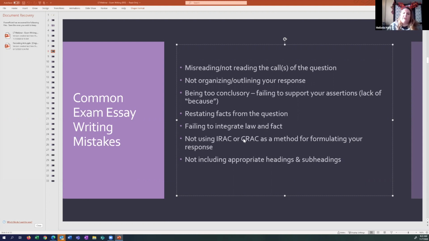And just a quick note on outlining and organizing your response. You can't not do that. But the other reason you want to think through this is to make sure you don't run out of time. I end up dealing with a lot of students in their second semesters who have not done well.